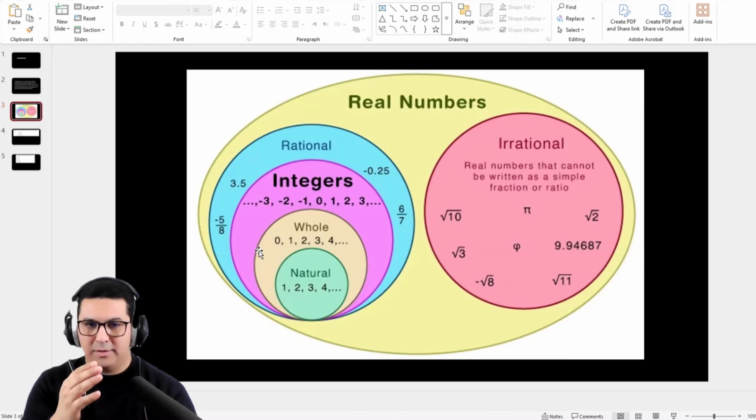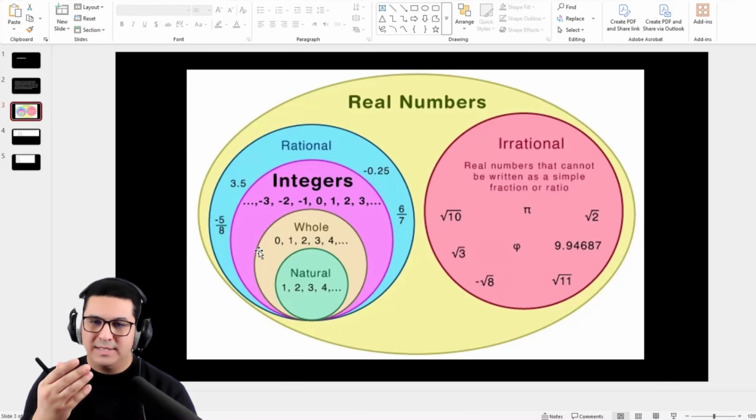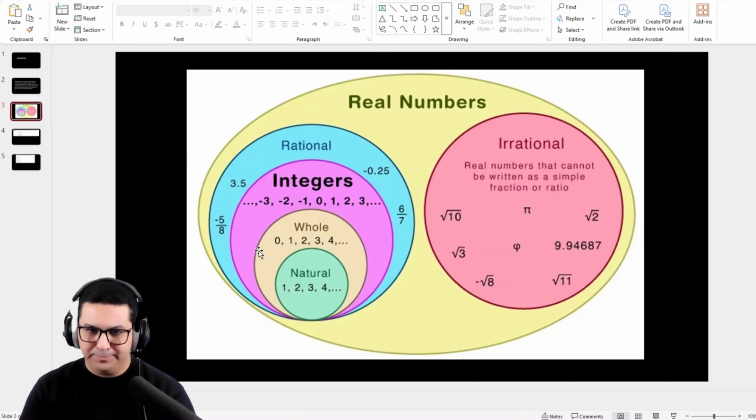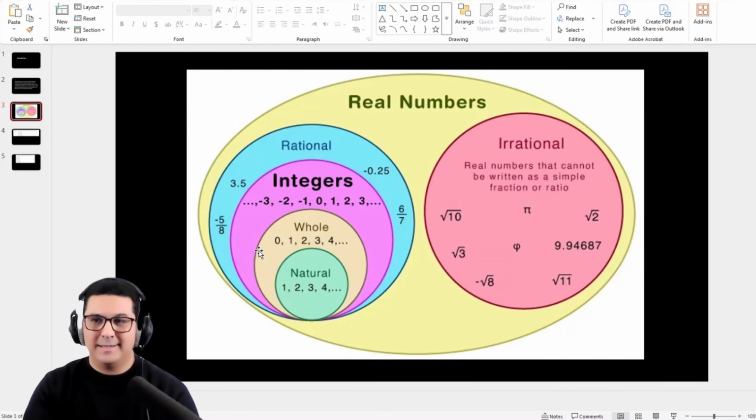Rational numbers, 3.5, or 6 sevenths, or minus 5 eighths. Irrational numbers are pi, √2, and the other numbers related to this part. And real numbers. We also have complex numbers, which I'm going to teach you and how to use them to solve equations. But today, let's talk about the integers.